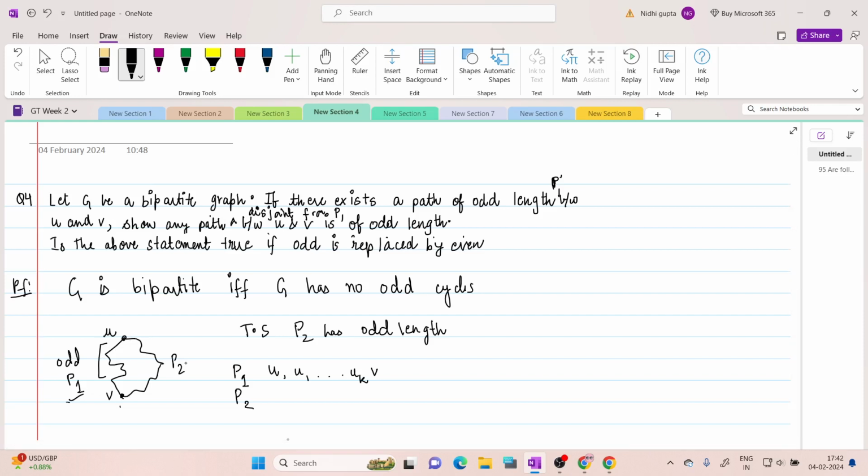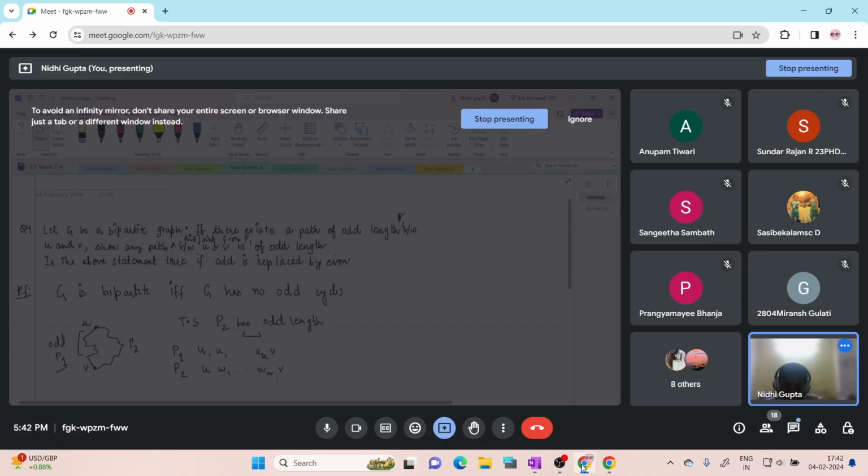We have to show that for any path P2 disjoint from P1 between U and V, P2 has odd length. So there is another path, say W1, WM, V. So can P2 be of even length? What will happen if P2 is of even length?